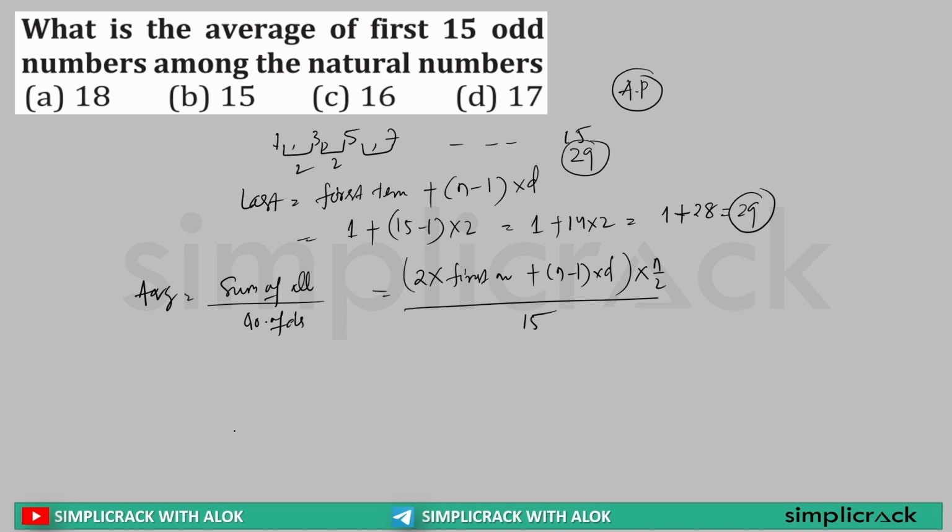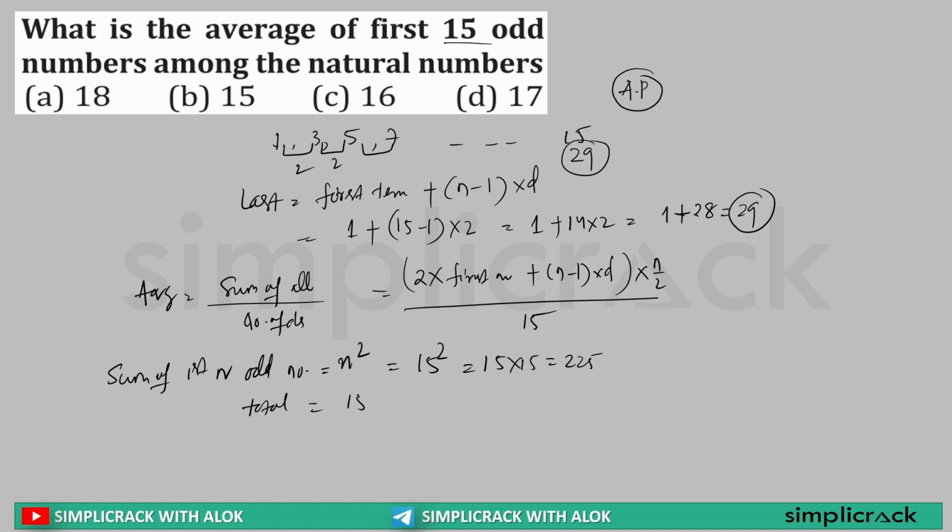I know the sum of the first n odd numbers is equal to n square. Now how many numbers are given? 15 numbers are given. So the sum of all numbers is 15 square, that is 15 into 15, which is equal to 225. Yes or no?